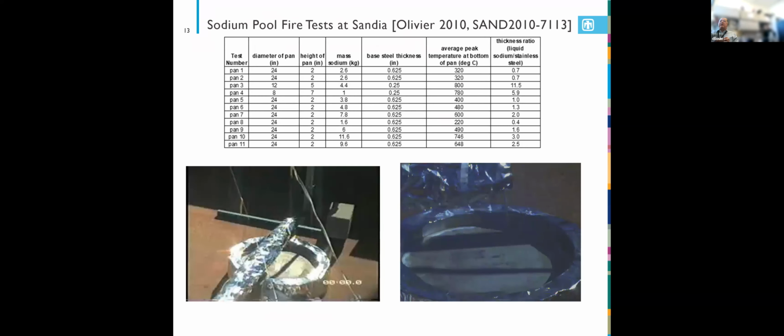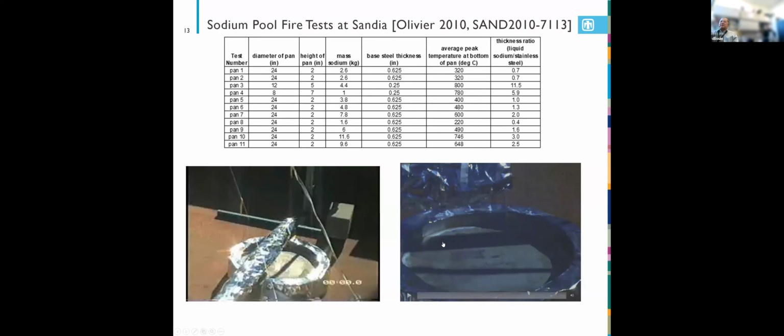In the same time frame, there were some pool fire tests at Sandia, but they were outdoor fires, because the problem is, we saw the spray fire, the intensity of the reaction, so it was safer to do everything outside instead of inside of this facility.